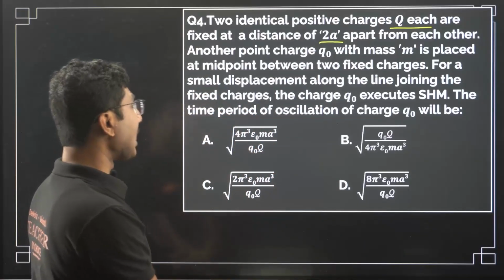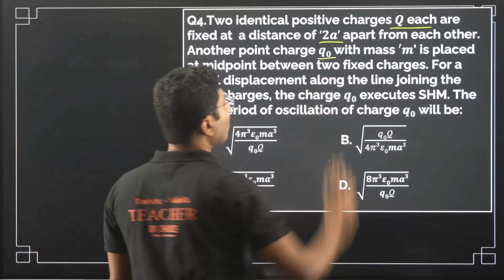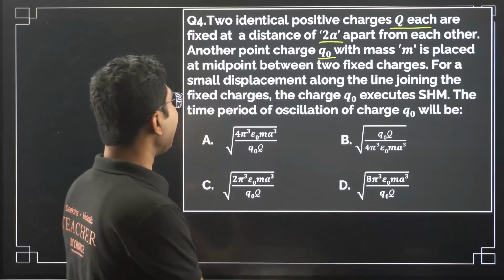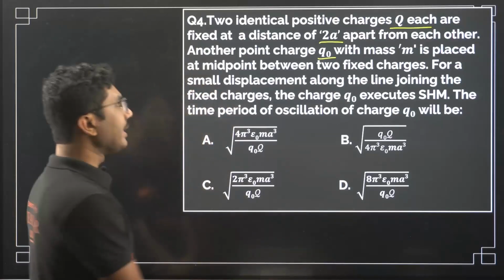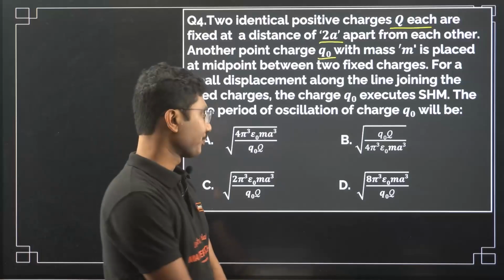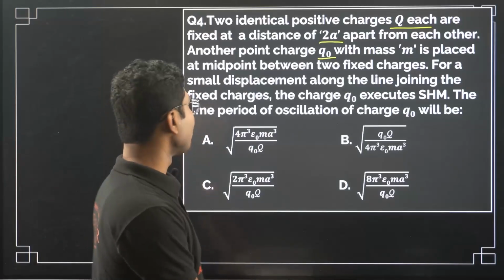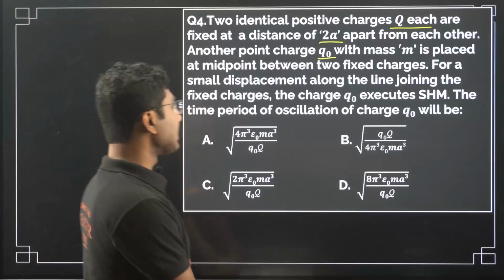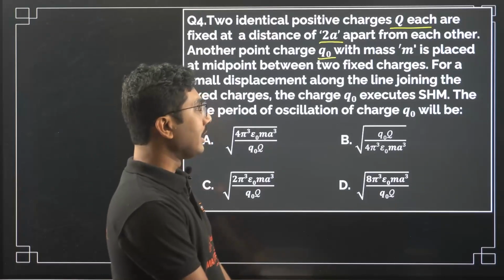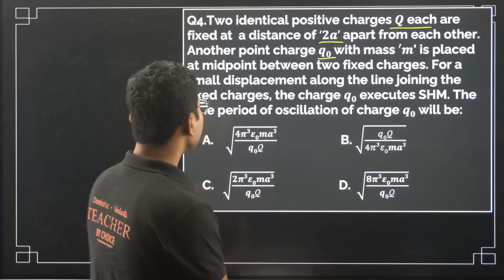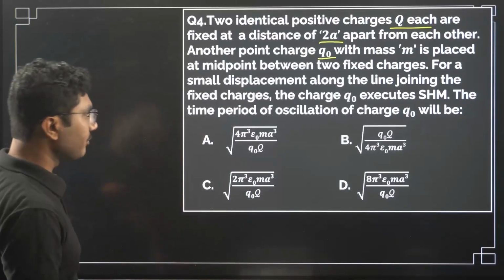Another point charge Q naught with a mass small m is placed at the midpoint between the two fixed charges. For a small displacement along the line joining the fixed charges, the charge q naught executes SHM. Find the time period of oscillation of the charge q naught.